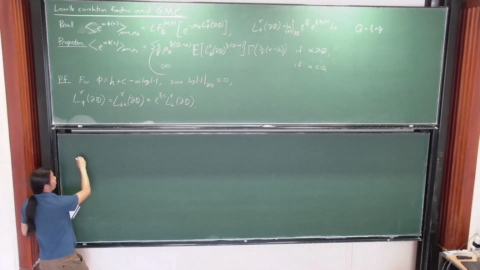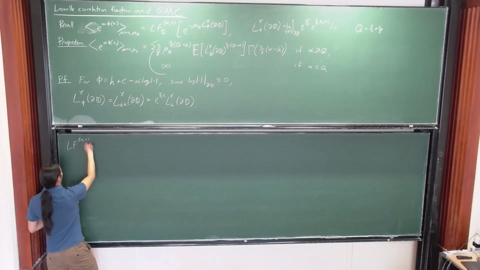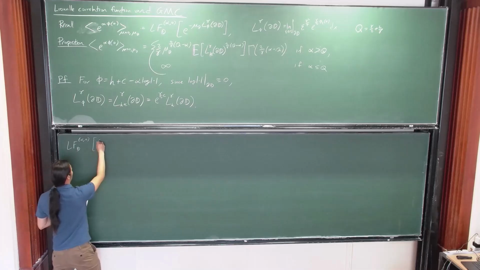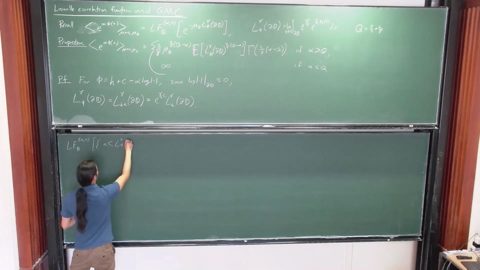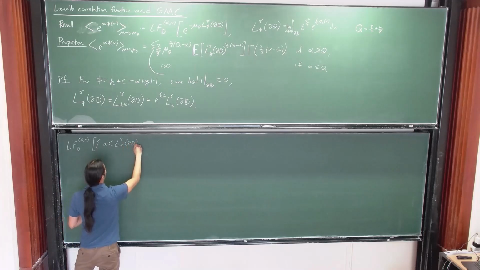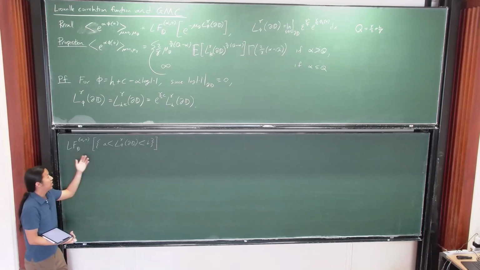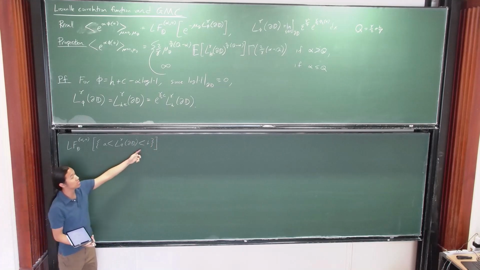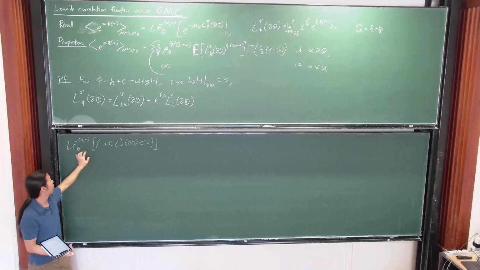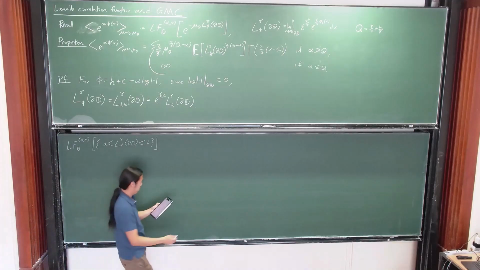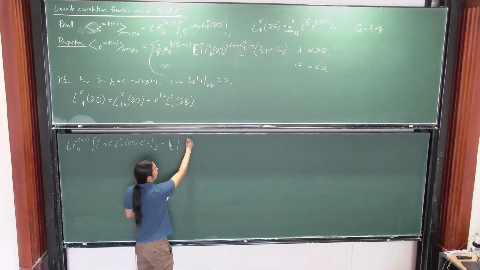So now let's compute the law of the boundary length. We're going to compute the size of the event that your boundary length is between two real numbers. Okay, and this is like computing the CDF of the boundary length. We're just going to expand the definition.